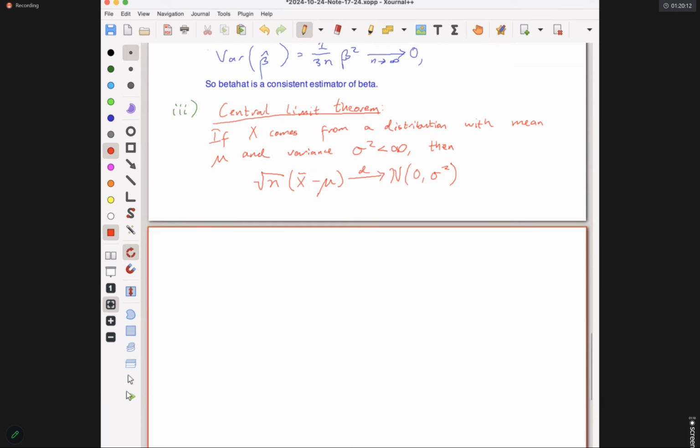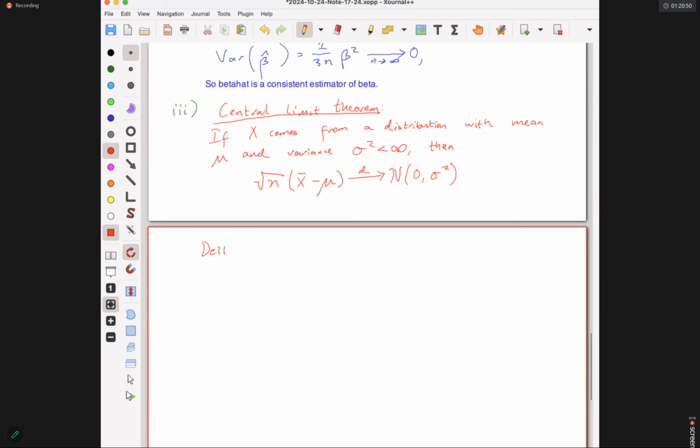Do I memorize it or understand it? Both. This is something very important to know. So you should memorize it if you don't recognize this. And so this tells us what the distribution of our sample mean is.